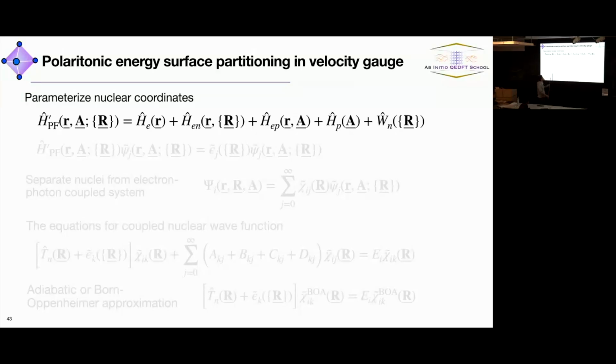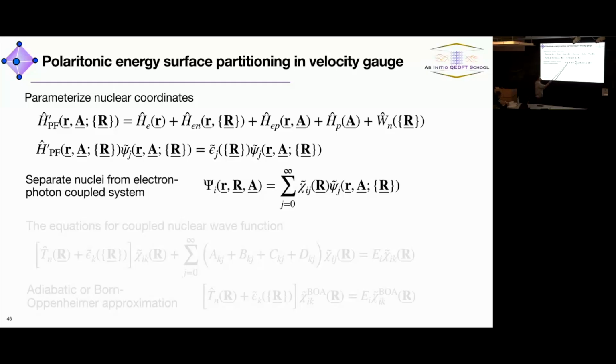So basically here, if we know this Hamiltonian, we can solve the eigenvalue problem. So this eigenfunction becomes a basis set, and then we can expand the exact wave function in terms of this eigen basis set. And this one is a nuclear wave function.